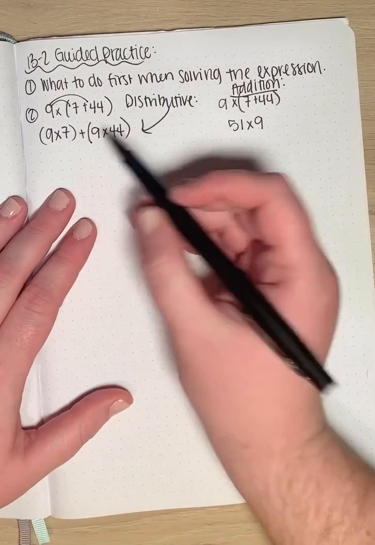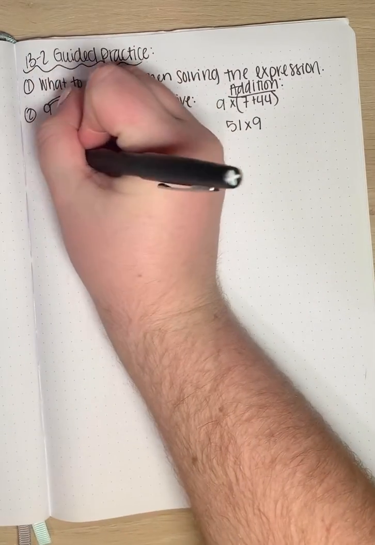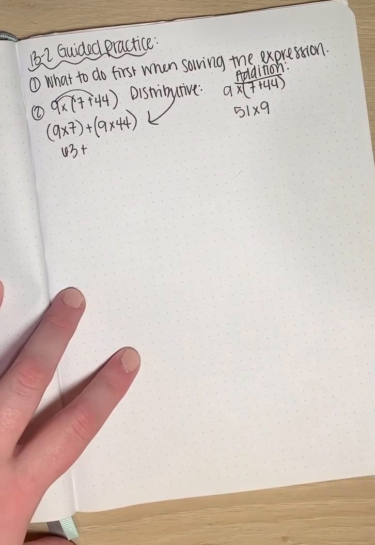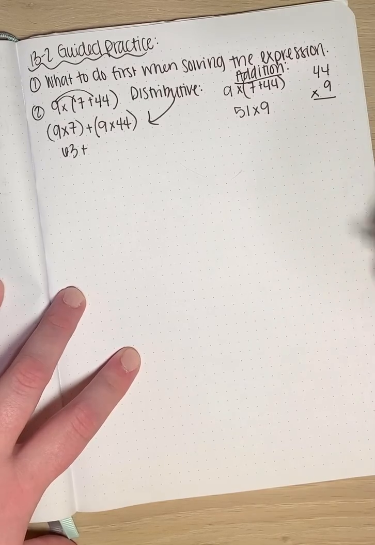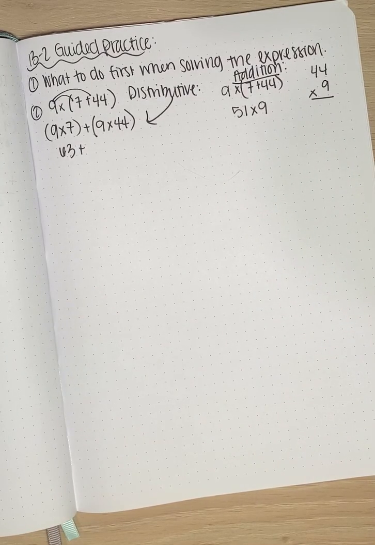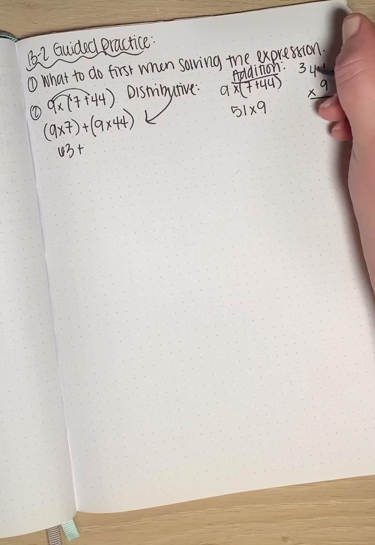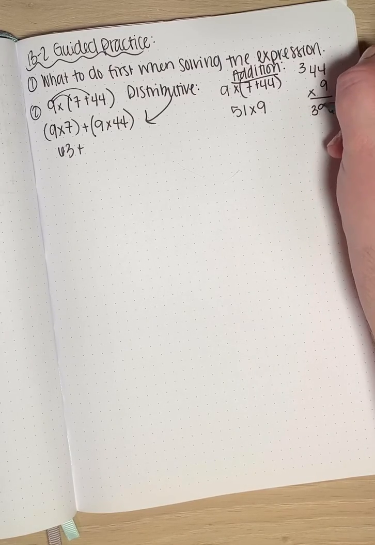So I'm going to take 9 times 7. 9 times 7 gives me 63. Then I'm going to take 9 times 44. I'm going to do that off to the side over here. 44 times 9. 9 times 4 gives me 36, 9 times 4 gives me 36, plus the 3 gives me 39.